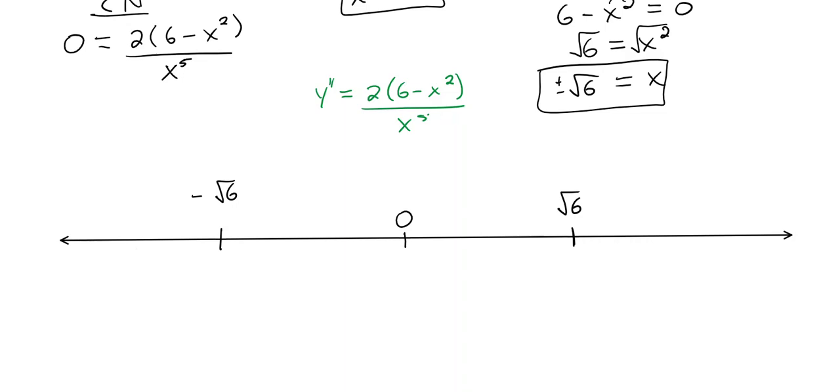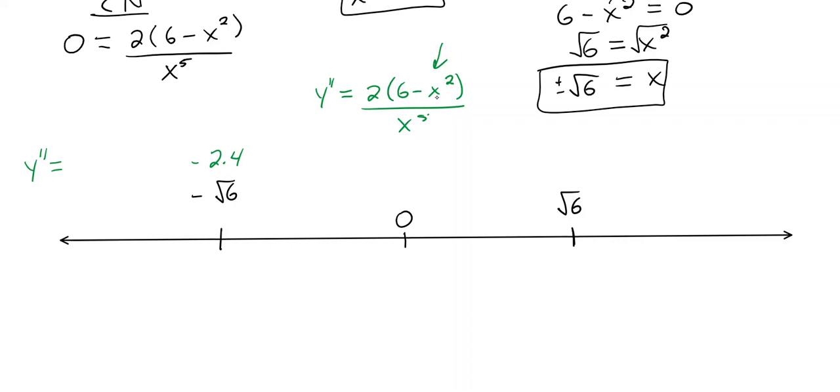So let's just test out these different regions. And we don't even need to throw numbers in. We just need to know whether or not it's positive or negative. So let's do this. We'll say, okay, y double prime over in this area, this is around negative 2.4, somewhere in there, right? So if I try negative 3, or even larger if you like, then we can just think about whether even this factor up top comes out positive or negative.